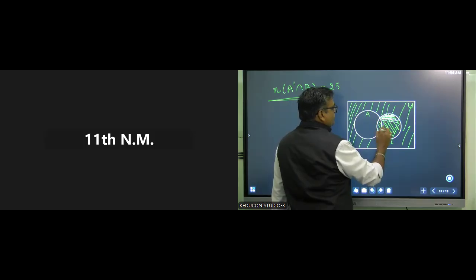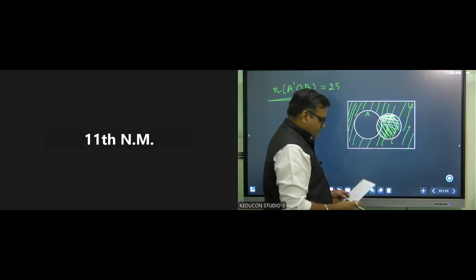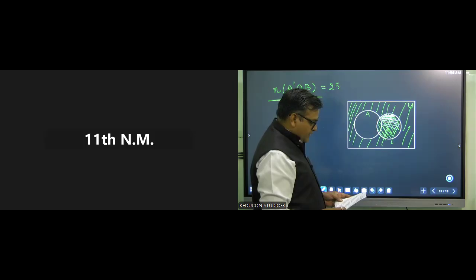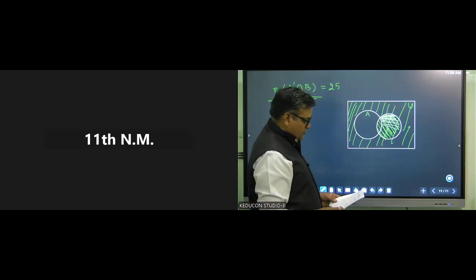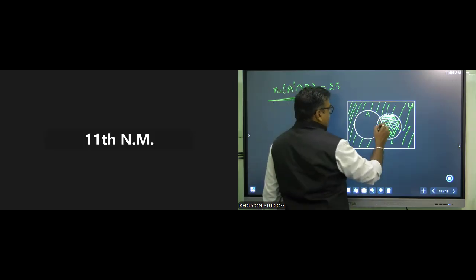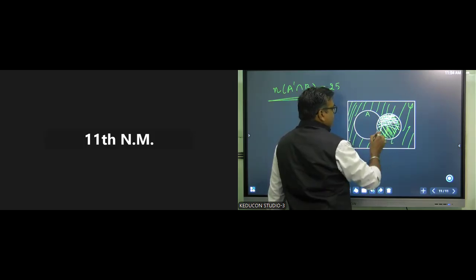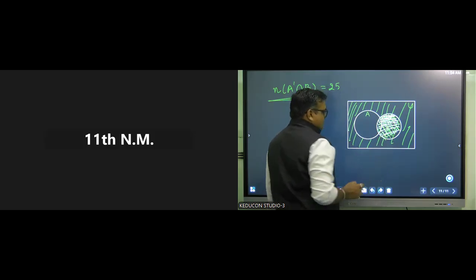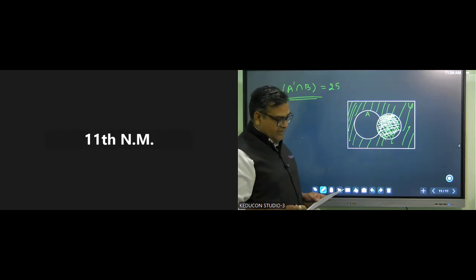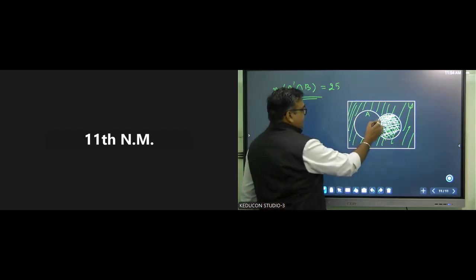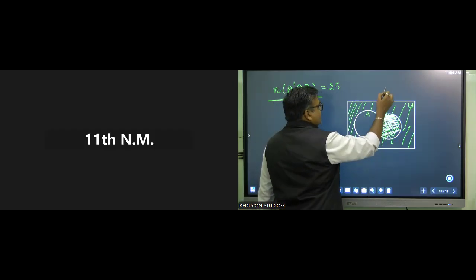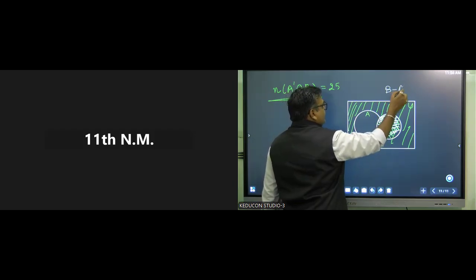We have to take the intersection of these two. This entire B will be the common part, right? But in this, this part will not be there. Only this B, means this will be equal to B minus A.